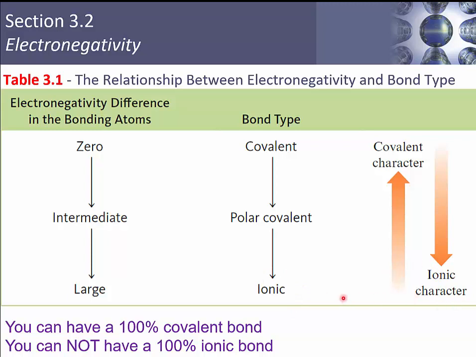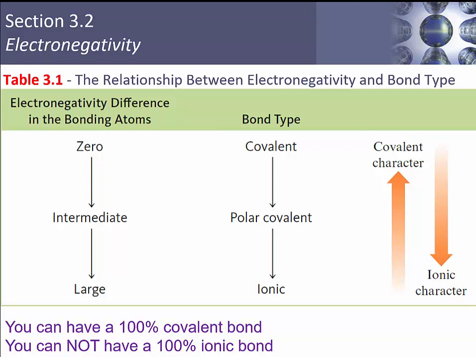Note, you can have a 100% covalent bond, 100% equal sharing. If I look at something like H2 or O2 or carbon and sulfur, those are going to be completely nonpolar, 0 electronegativity difference. Those electrons are shared evenly, a 100% covalent bond. You cannot have a 100% ionic bond.